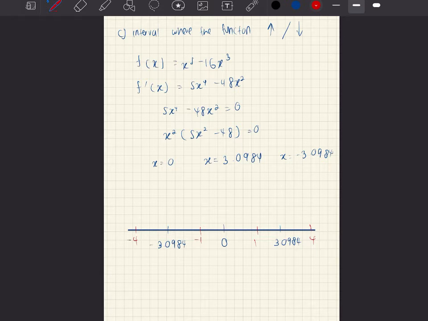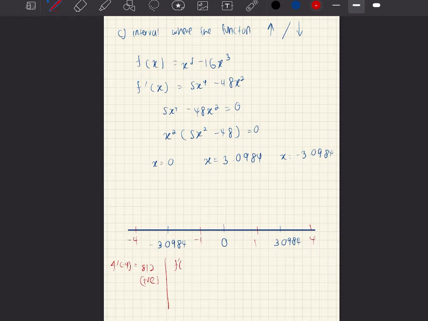So to determine whether the function is increasing or decreasing, we just plug the values that we chose earlier into the derivative equation. So for f'(negative 4), we get 512, which is positive.